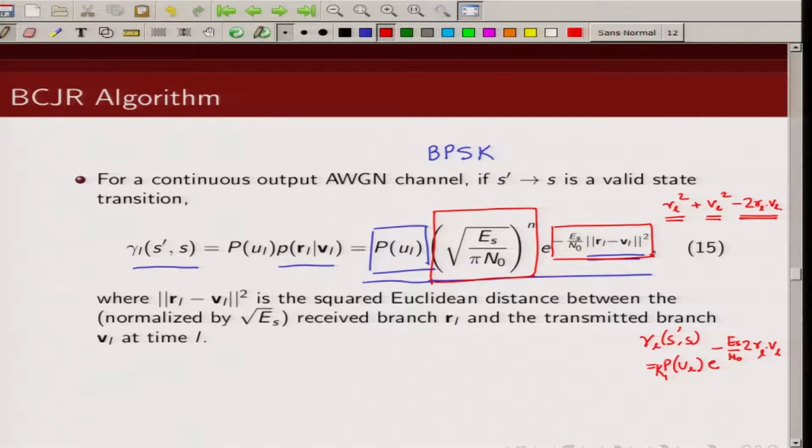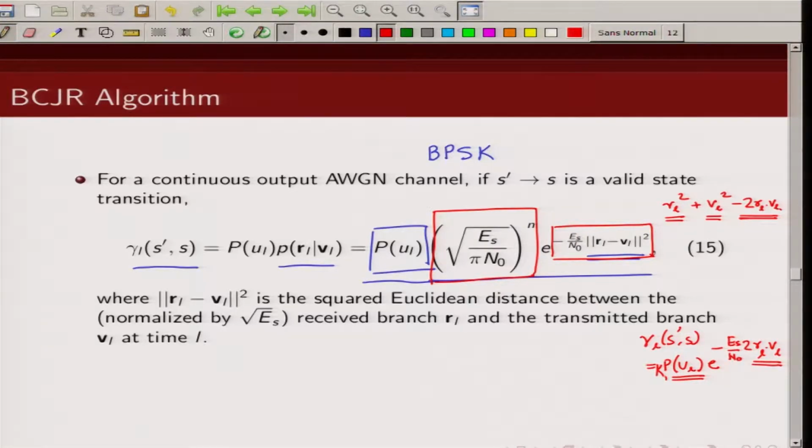So, in a nutshell, our gamma depends on this term, and it depends on the initial a priori probability of U L.